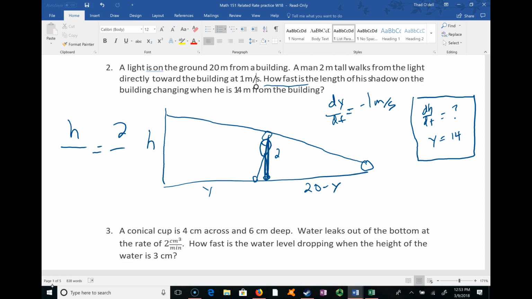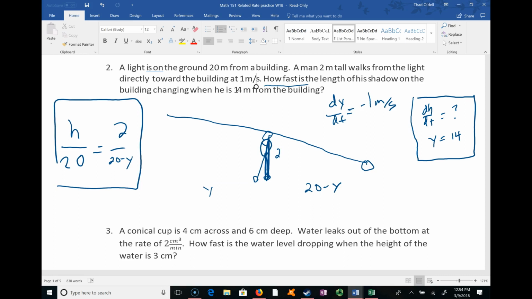And then the run would be, under the 2, I'd have a 20 minus y. And for the h, I'd have this whole thing here, which is actually just 20, isn't it? So this would be an equation that relates my y and my h's, right?